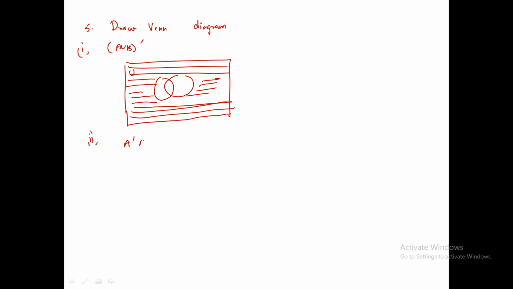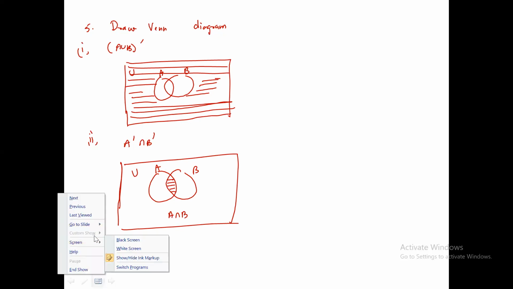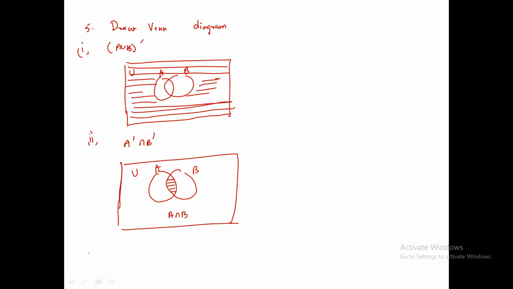Next is A dash intersection B dash. So for this, you will take U, circle A, circle B. This is A intersection B, right? But we are not supposed to find A intersection B. What do we have to find?